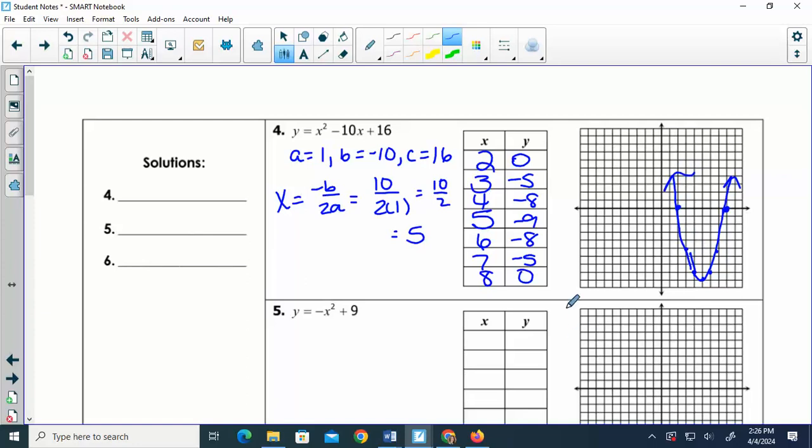So we get our graph. When you look at that, can you tell me what the solutions are? Right, you can get it either from the graph, the two places where we hit the x-axis, or looking at the table, the two x's that make your y 0. So 2 and 8.